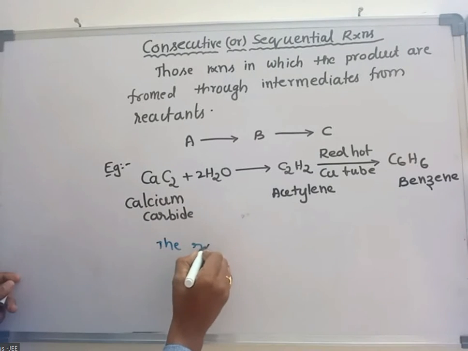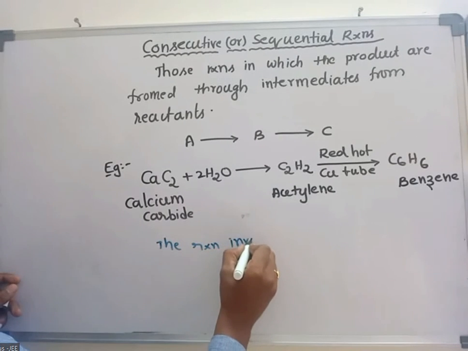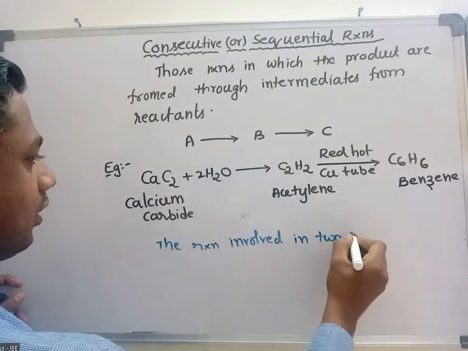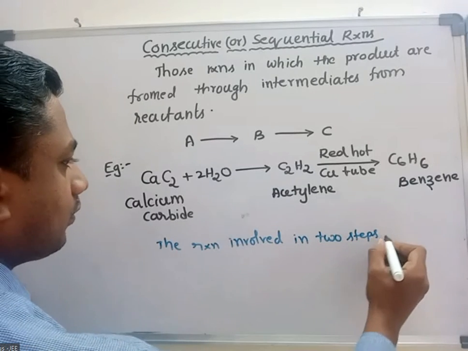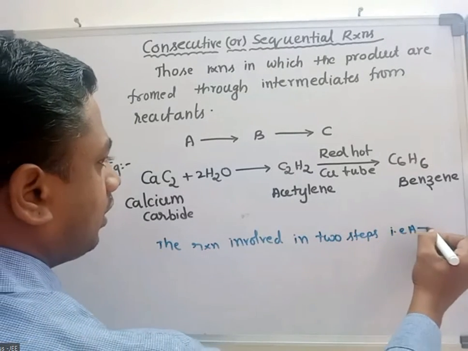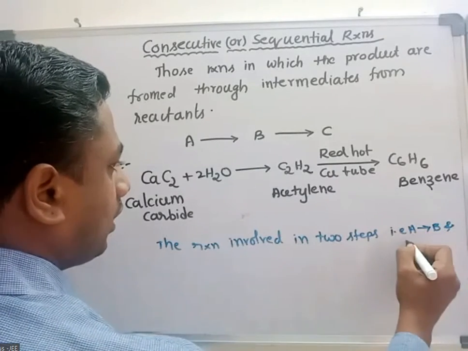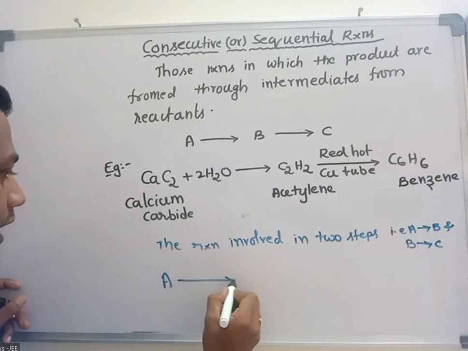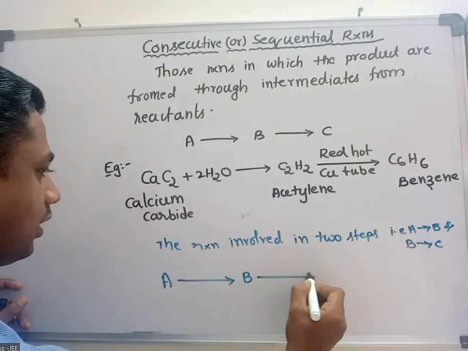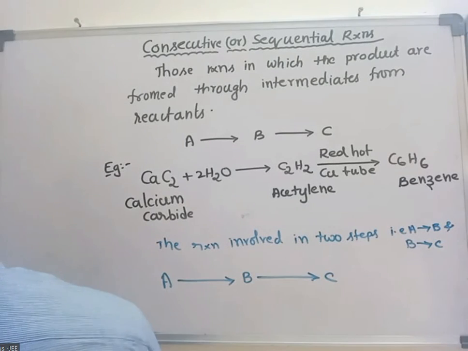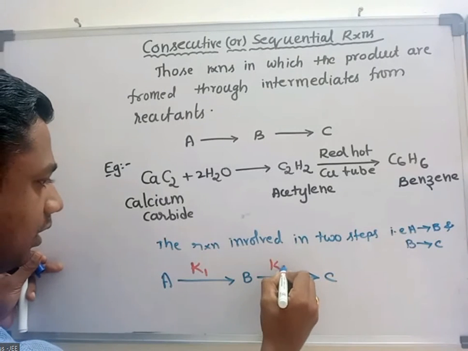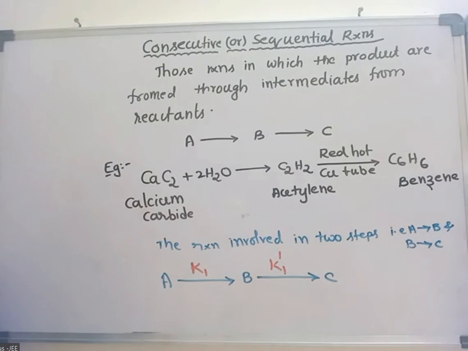The reaction is involved in 2 steps. That is A to B and B to C. A is converted into B, B is converted into C with rate constants K1 and K1 dash.